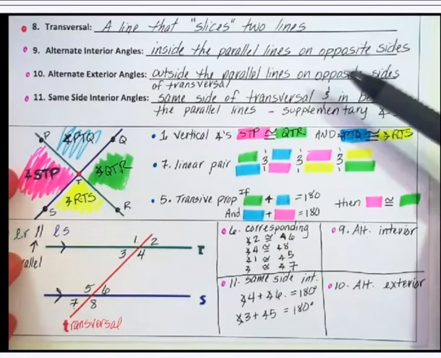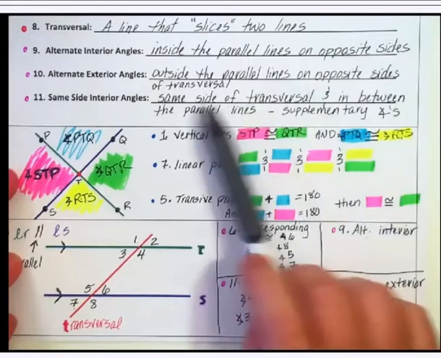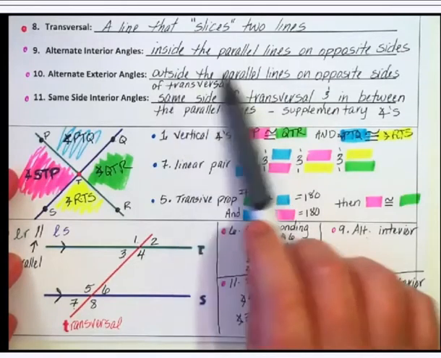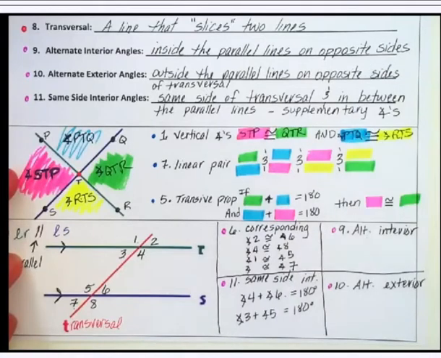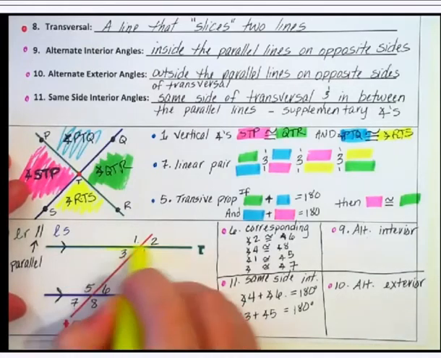Alternate interior angles are inside the parallel lines, but on opposite sides. Okay, so here is my little trick that I like to show for alternate interior and alternate exterior. And it's kind of weird. I don't have a really great way to help you remember, but if you draw the letter Z, so I'm going to use a yellow highlighter.